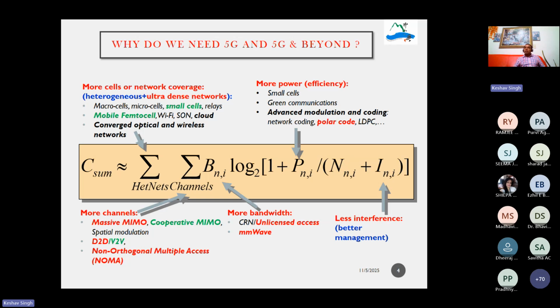Due to that, the coverage range becomes slightly higher, the signal strength at the edge user becomes higher, and therefore the sum rate becomes higher. Another way is to use more channels. At a base station, we can just increase the number of antennas, let's say MIMO with multiple antennas. We can go for massive antennas.